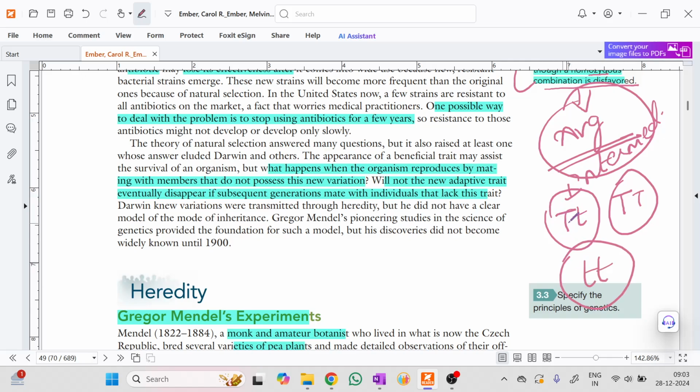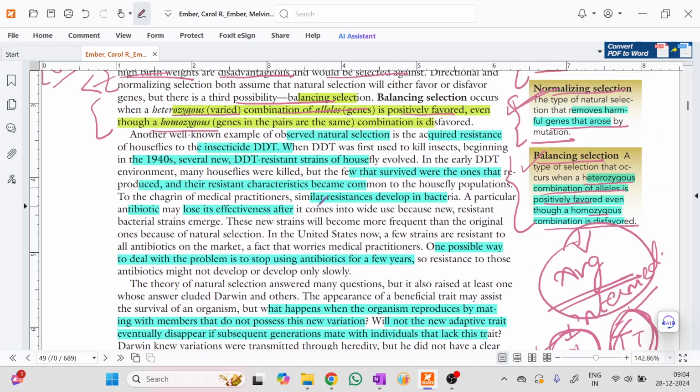Here, heterozygous means two different variants of alleles are there in a particular individual. Now if both the variants are the same, they will be known as homozygous. So the homozygous variants, in which both similar traits are there, will be disfavored, and heterozygous will be favored. This is known as balancing selection.